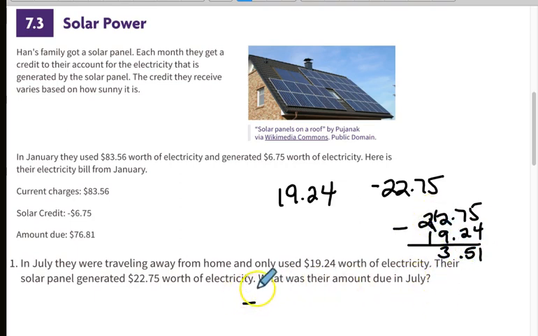So they actually have a credit of $3.51 because they only use this amount, but because of their solar panels, they got a credit. So they actually don't owe any money. This would be like towards their next month's bill, then they would be able to take that off.